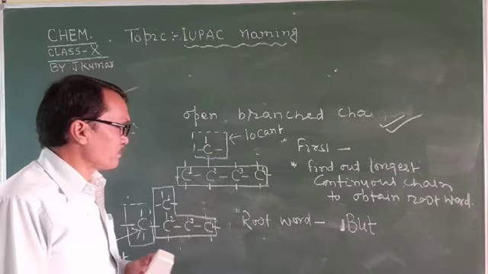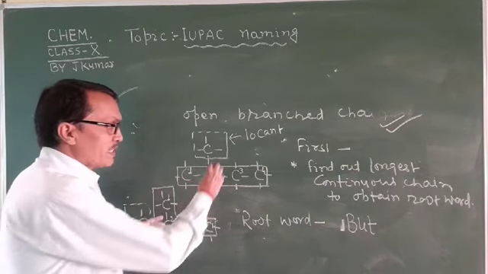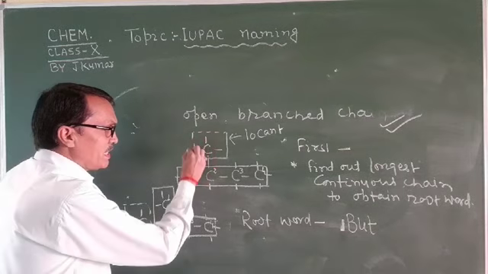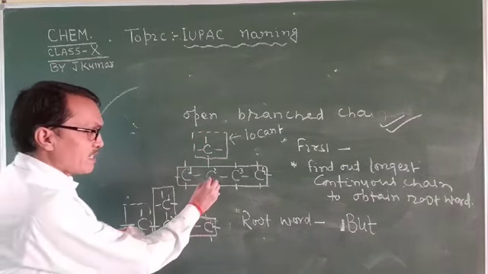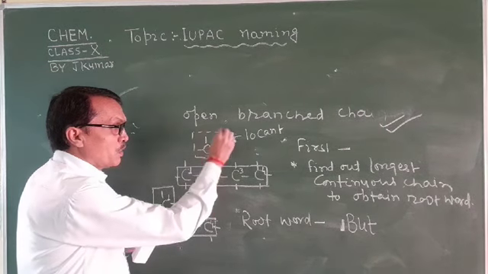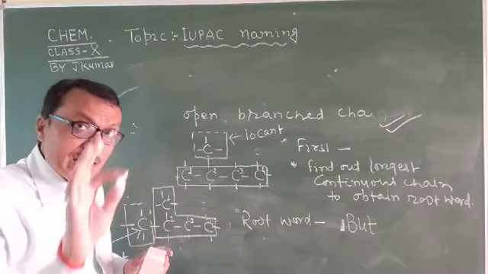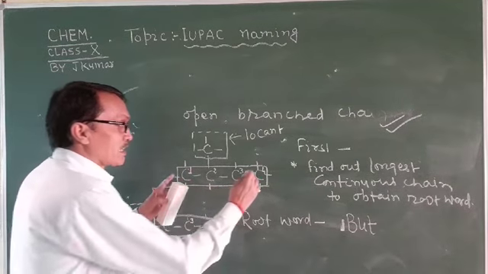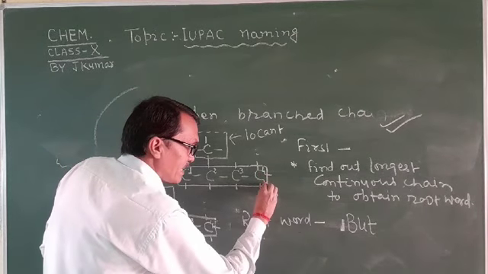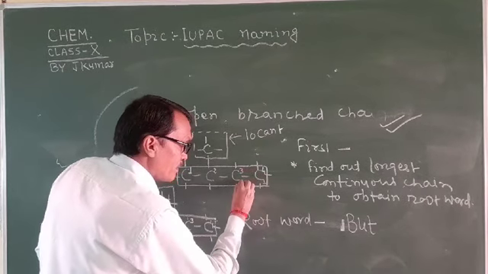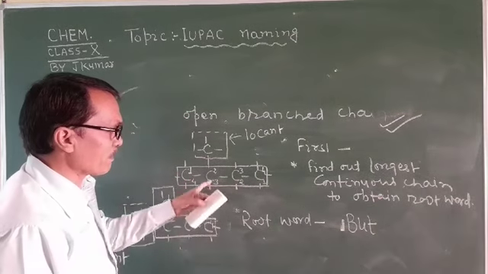So students, here you are looking, in this case locant is present on carbon 2. Second carbon, on second carbon locant is present. Students, maybe some students count this chain from right to left, and in that case this is carbon 1, this is carbon 2, this is carbon 3, and this is carbon 4.